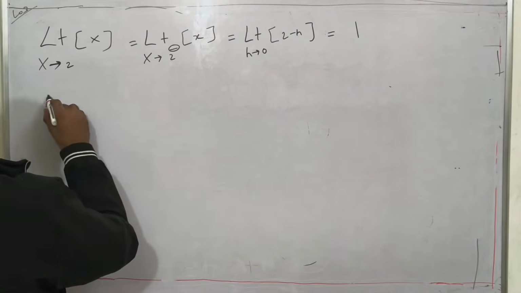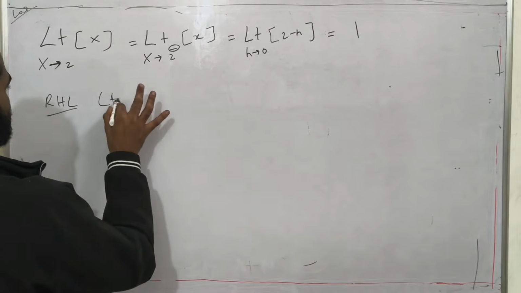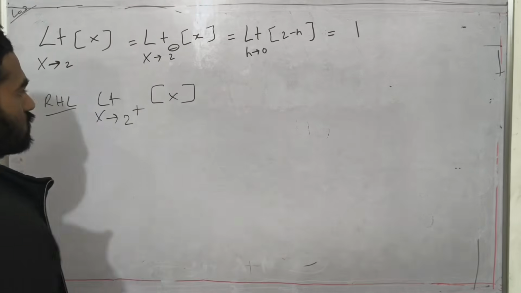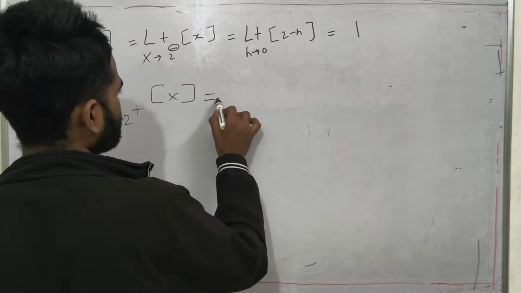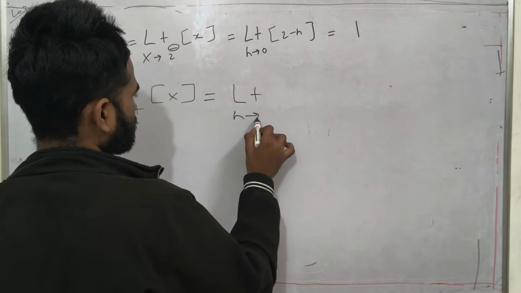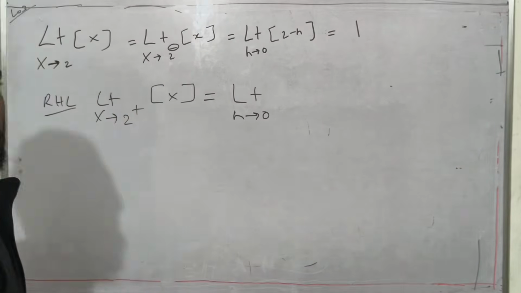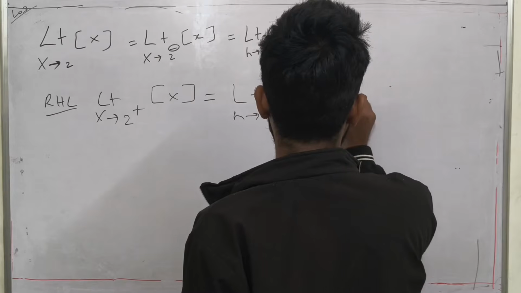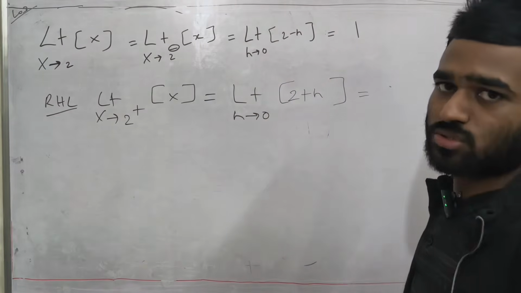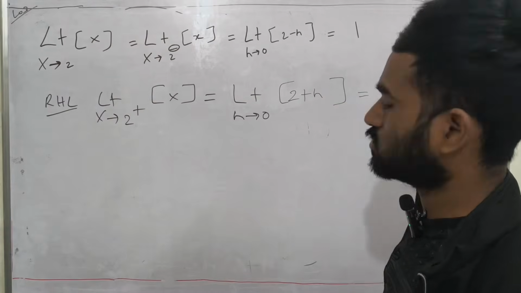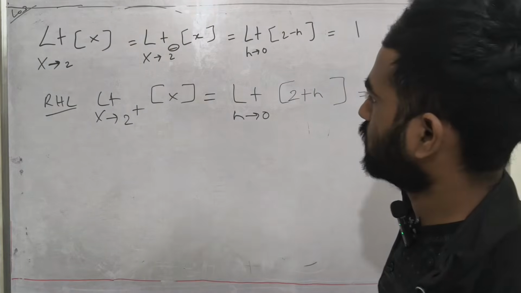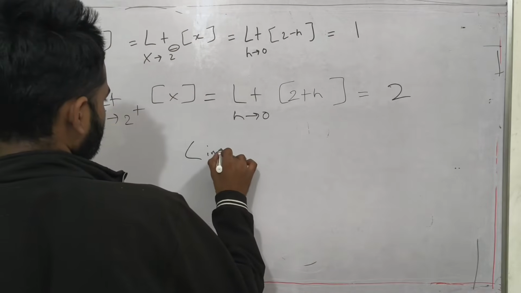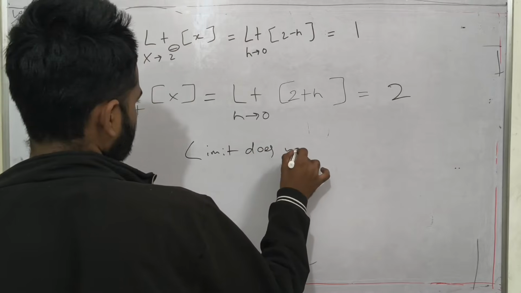Good. Similarly the right hand limit is limit x tends to 2 plus of step x, which equals limit h tends to 0 of step of 2 plus h, and that is 2. So the left hand limit is not equal to the right hand limit, so the limit does not exist.